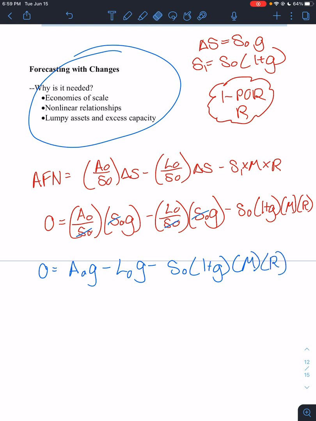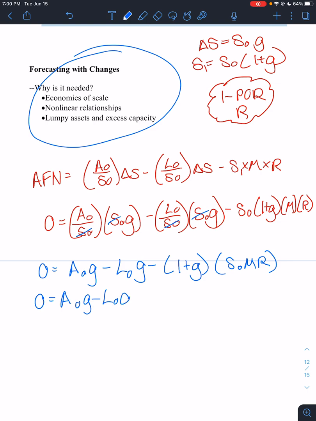Actually, let me rewrite this last one. It'll make it a little clearer for the next little trick I do. I'm going to put the 1 plus g first, times S0MR. I can do that, that's legit algebra. All right, so I can't factor out a g, even though each term has a g in it, because I get that 1 plus g in that last term. But what I can do is distribute this.